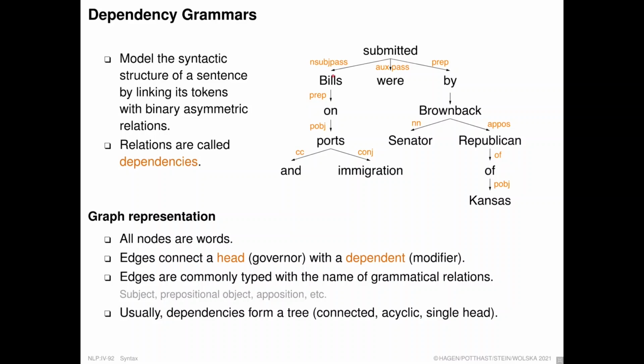So here in this relation, the head is submitted, and the subordinate node is usually called dependent, or a modifier. The head can be also referred to as governor because it governs, in a sense, what is subordinate with respect to it.